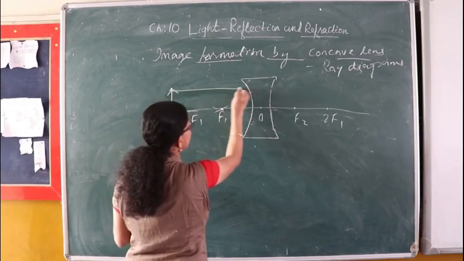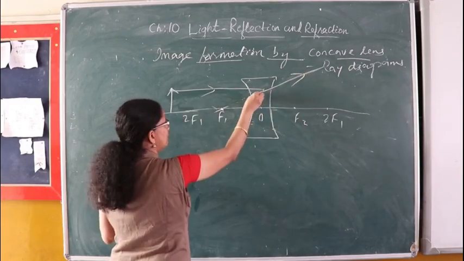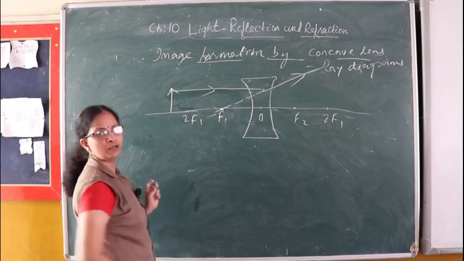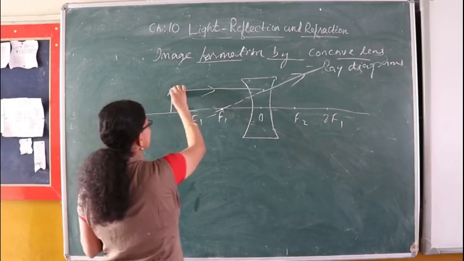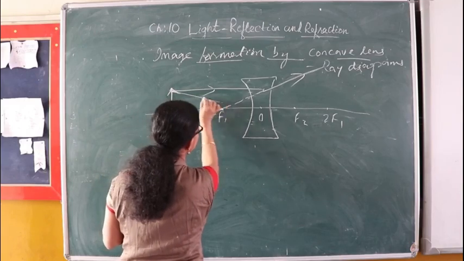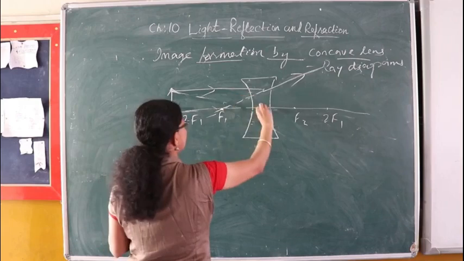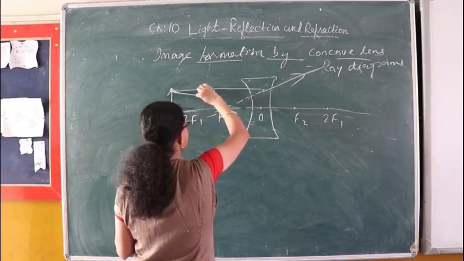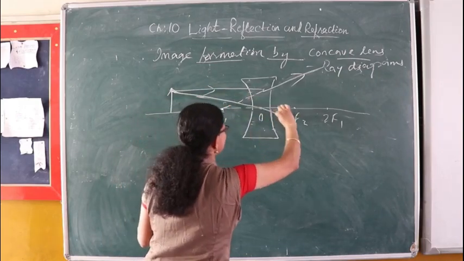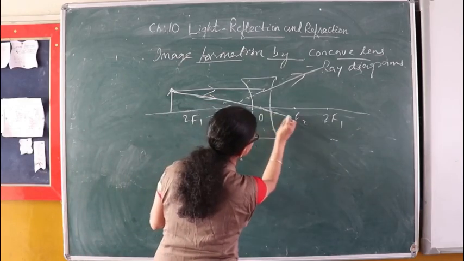One is coming parallel to the principal axis and appears to pass through the principal focus, and the other ray, that passes through the optical center without any deviation, goes forward.